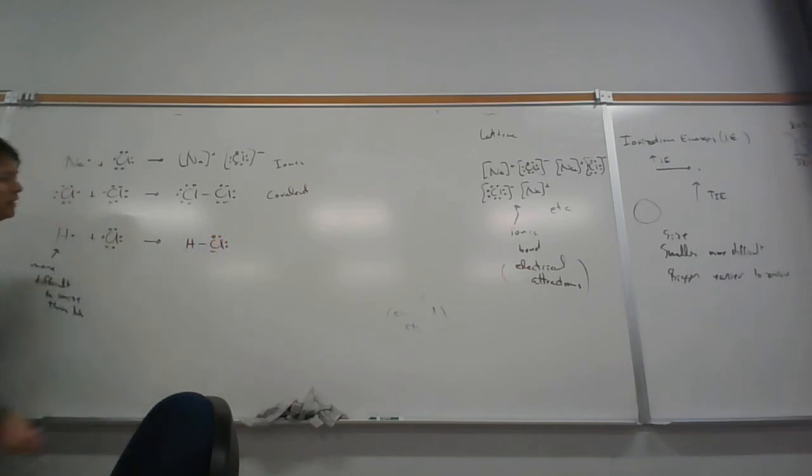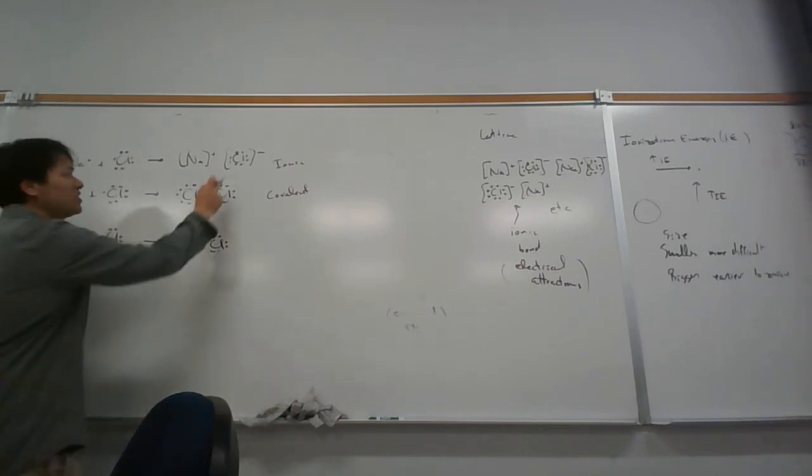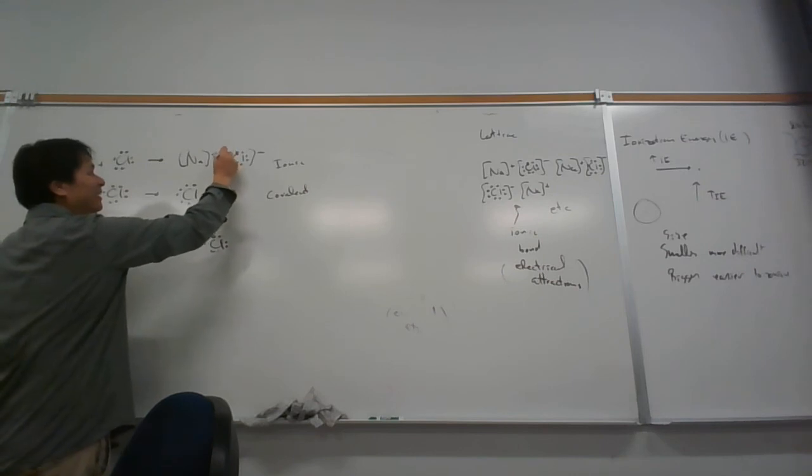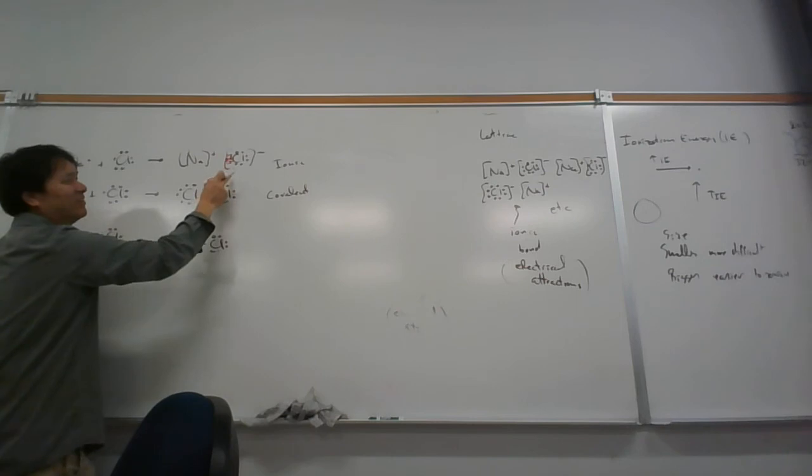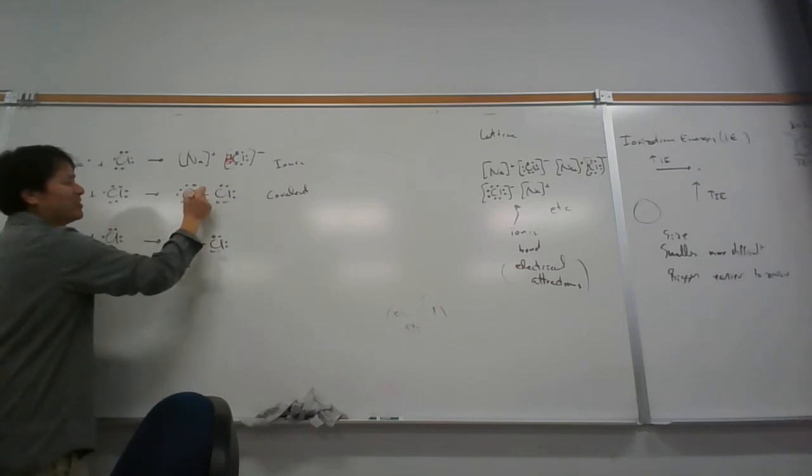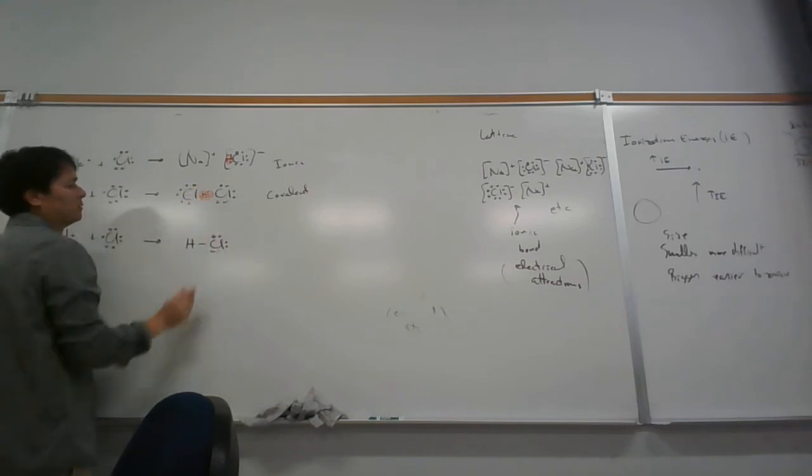But they don't share evenly. So for example, if I look at this chlorine here, this cloud represented by this pair is completely on the chlorine. If I look at this chlorine, this cloud here represented by this pair is evenly distributed between the two chlorines.